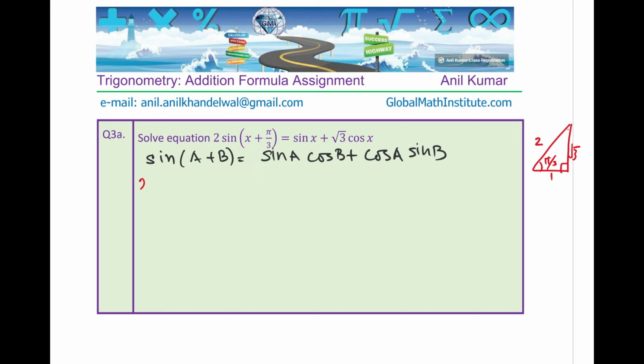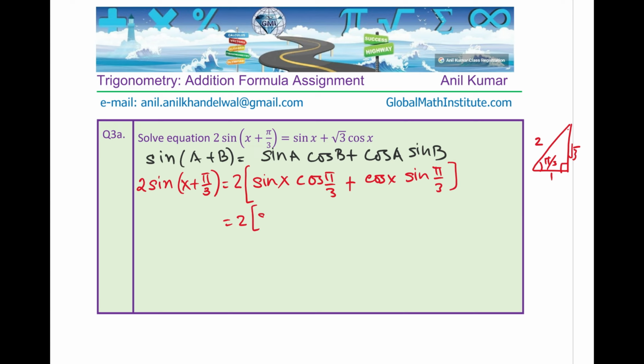So we can write 2 times sine of x plus pi by 3 as equal to 2 times, let me put it outside the bracket, sine x cos of pi by 3 plus cos x sine of pi by 3. And that is equal to 2 times sine x times cos pi by 3, which is half, and then cos x times sine pi by 3, which is square root 3 over 2.